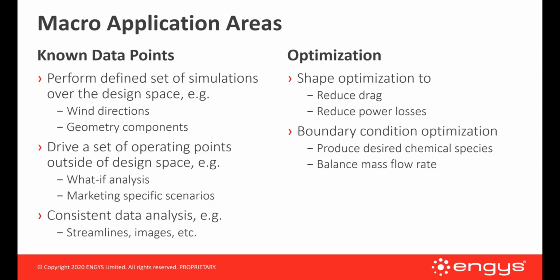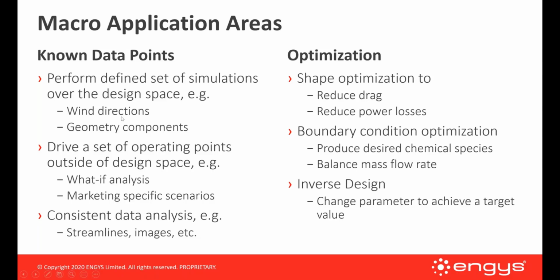We could change the pressure values on outlets to balance mass flow rate. And then also we could do something called inverse design, where we change a parameter to achieve a target value. All of these different things, these first two, it's a form of inverse design.